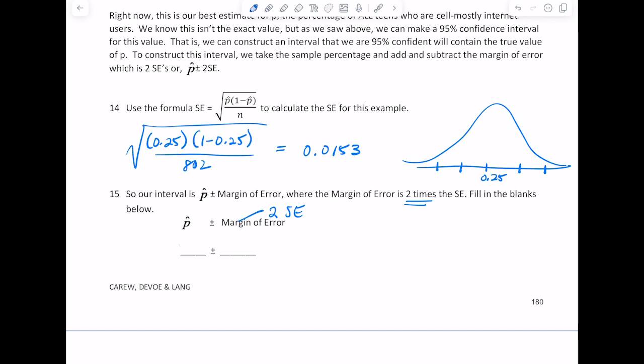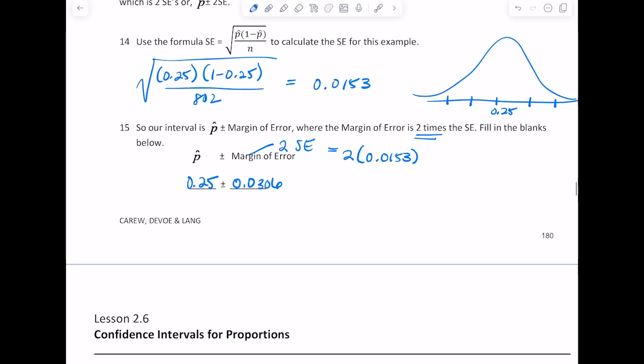So here we have 0.25 plus or minus the margin of error. The margin of error here is just going to be 2 times my standard error. And when I multiply that out, I get 0.0306 for my margin of error. So now we've just created this interval, and this is actually two problems, right?